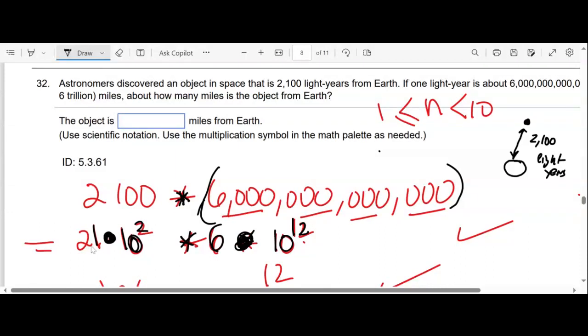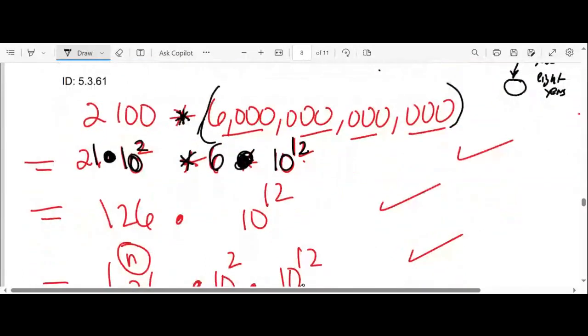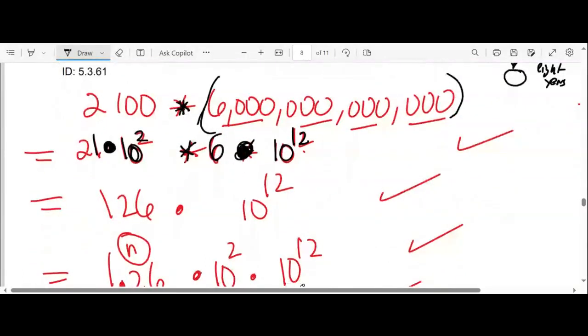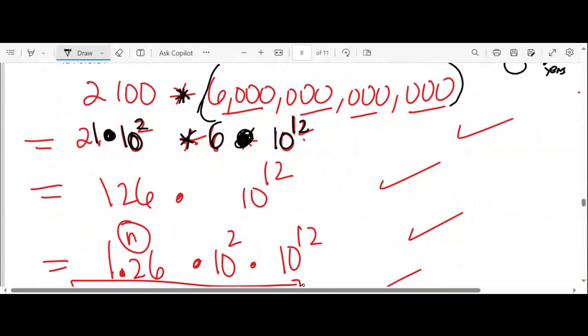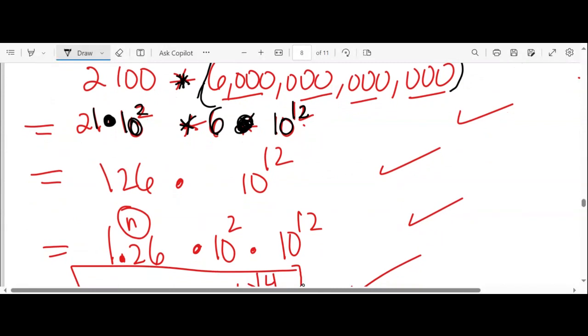Then what should I do? I need to multiply 6 times 21. How much is 6 times 21? 126. 10 to the power of 2 times 10 to the power of 12. How much? 14. Okay.